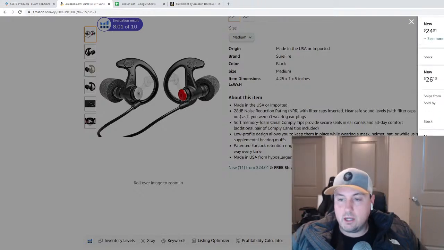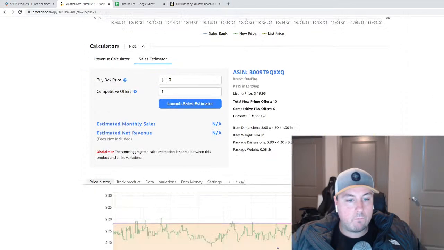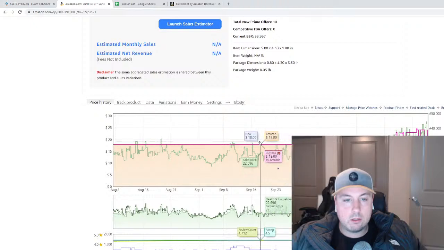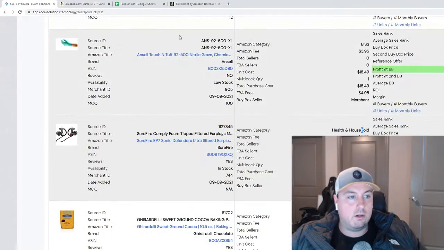There's no FBA. There's no Prime. That's interesting. Buy box has just been like $18 forever, and then went to 2401. I wonder what's up with that.